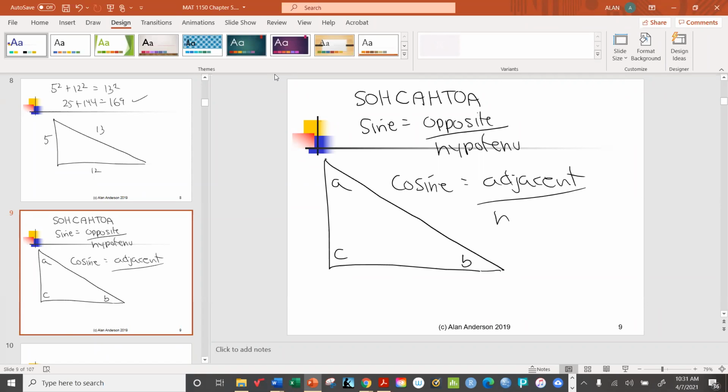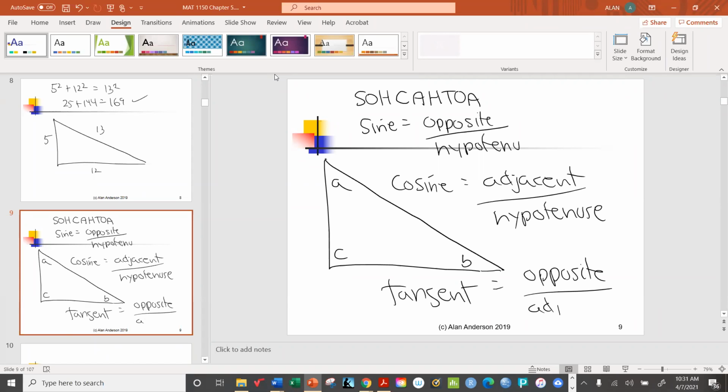AH, get it? And then tangent equals opposite over adjacent. Okay, so those are the first three.